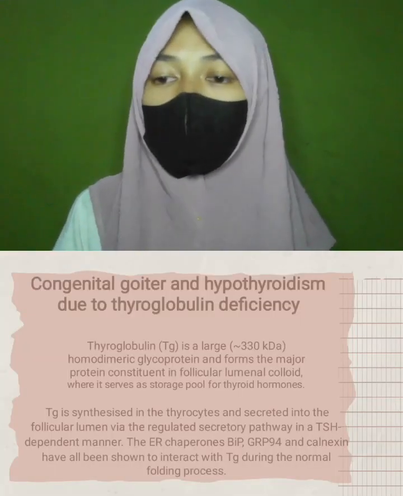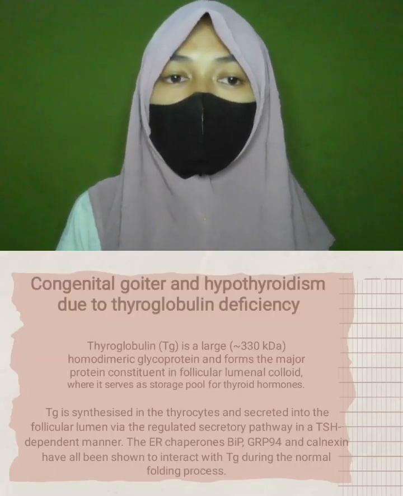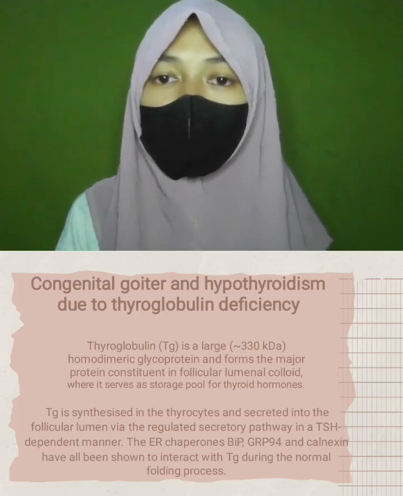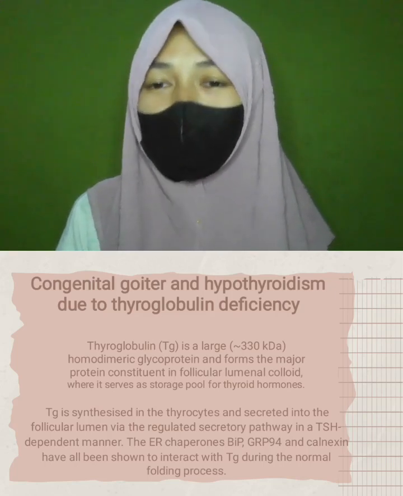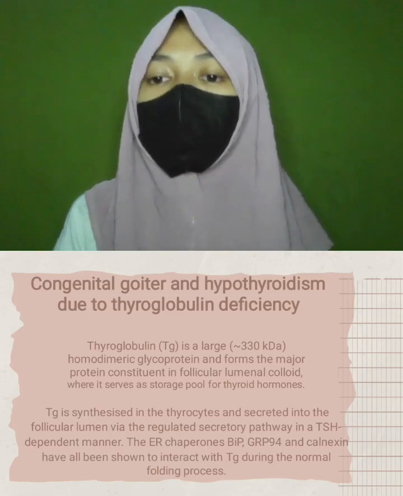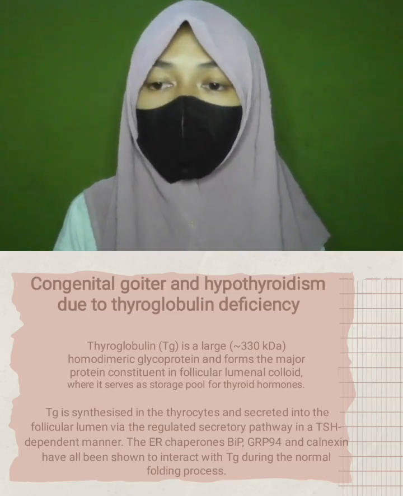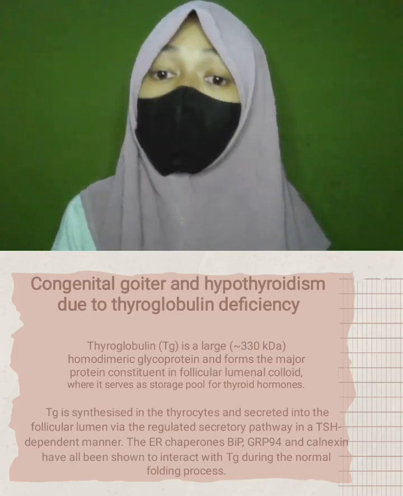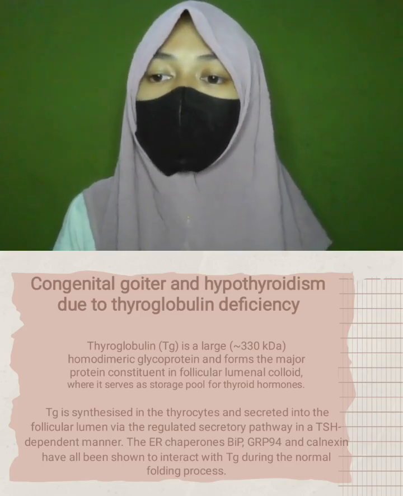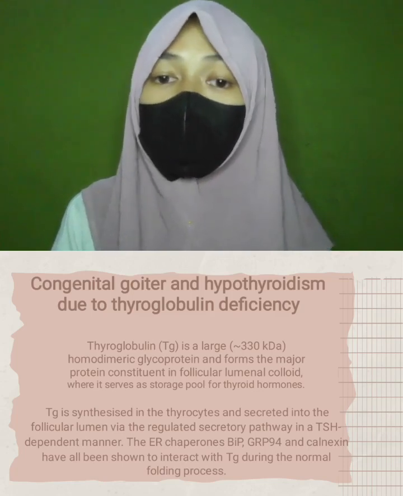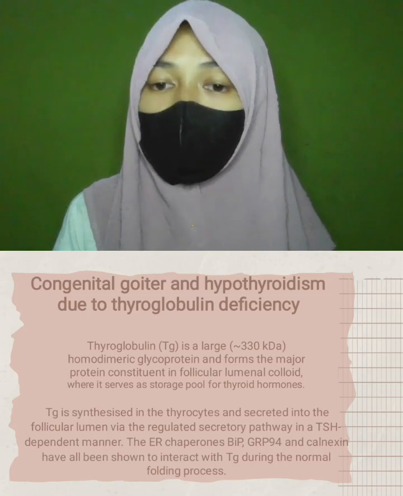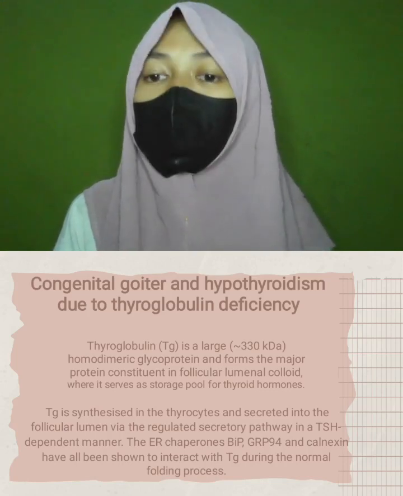So another disease is congenital goiter and hypothyroidism due to thyroglobulin deficiency. Thyroglobulin, or TG for short, is a large homodimeric glycoprotein and forms the major protein constituent in follicular luminal colloid, where it serves as a storage pool for thyroid hormones. Upon TSH stimulation, colloid is taken up into the follicular cell by endocytosis.